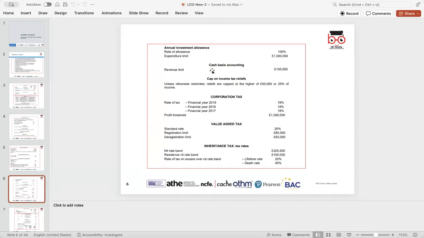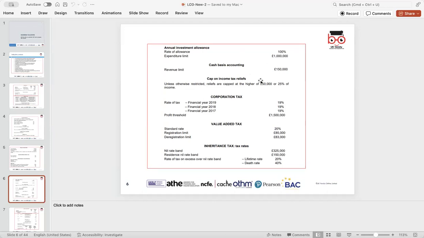Then cash basis revenue limit is 150,000 pounds. Basically, this method allows small businesses to calculate their taxable profit based on money in and out of their businesses rather than using traditional accounting methods. The revenue limit for using cash basis accounting is 150,000 pounds.